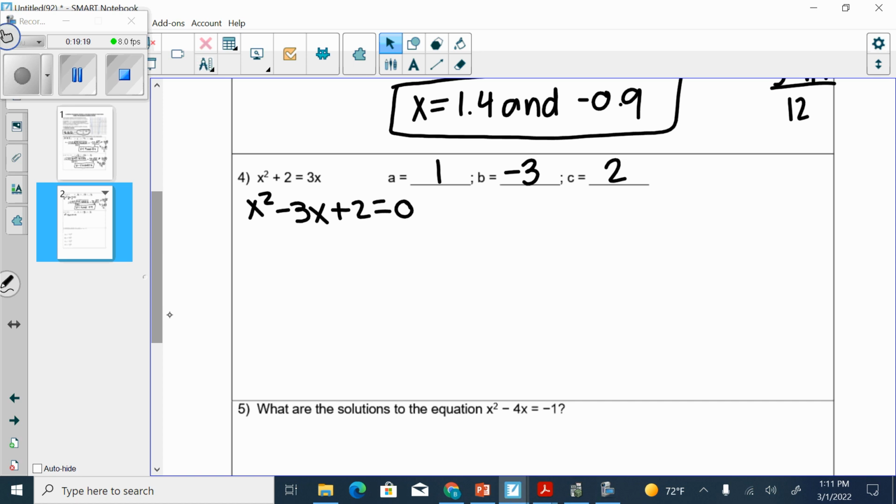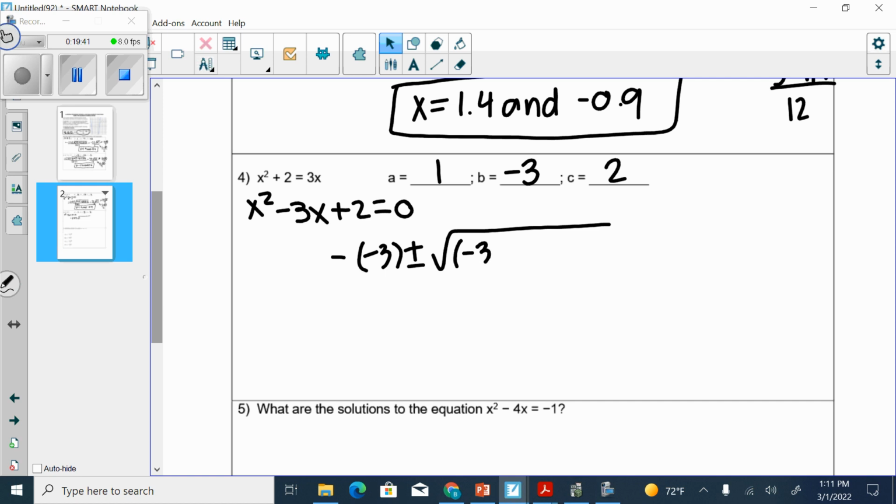Good. All right, so plug it into the equation. So the formula is negative b, so -3 for us, right? Plus or minus the square root of b squared. What's our b?